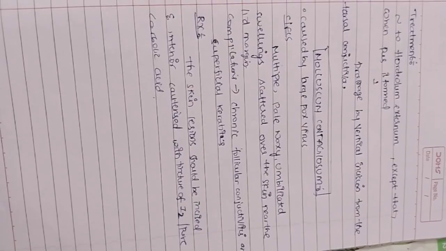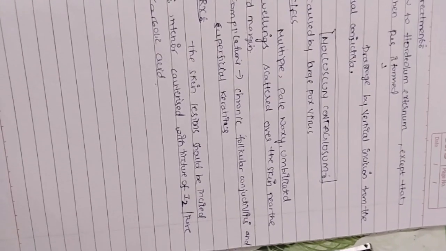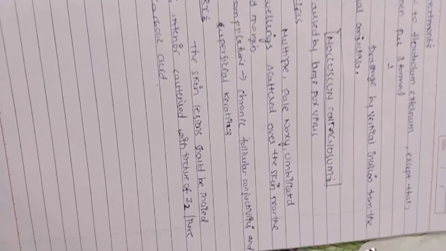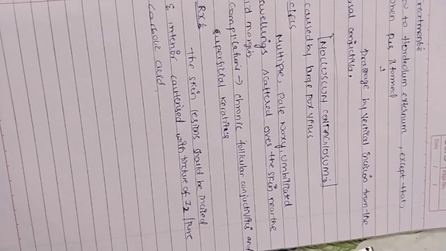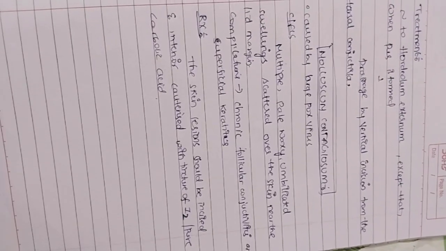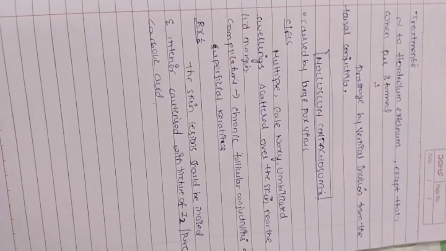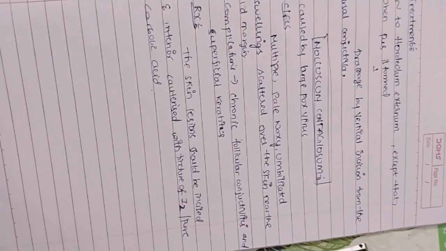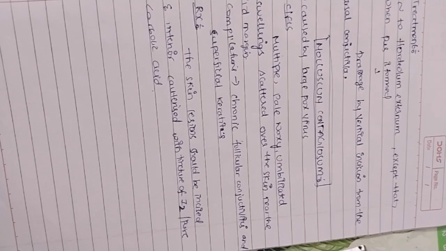Complications are chronic follicular conjunctivitis and superficial keratitis if untreated. Treatment should be incision and cauterization with tincture of iodine or pure carbolic acid. In chalazion also we'll use carbolic acid before packing.